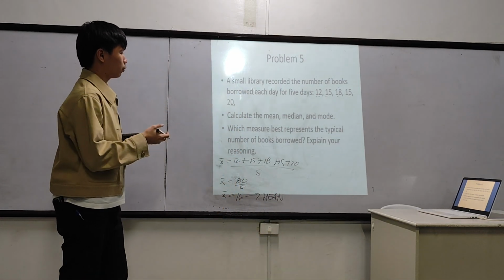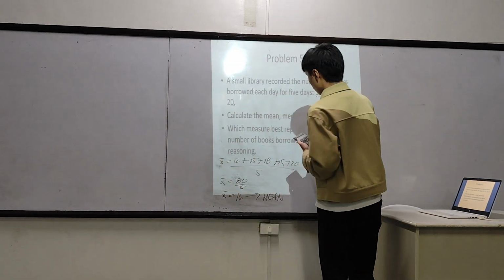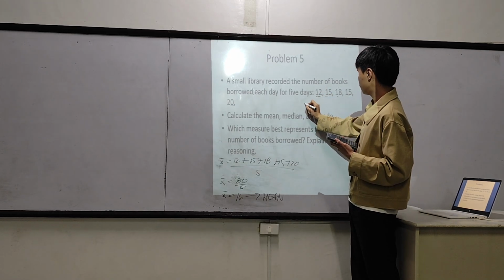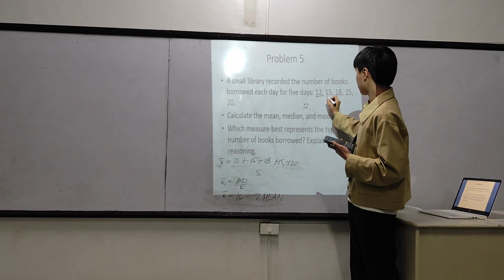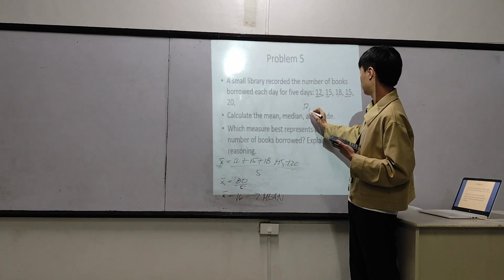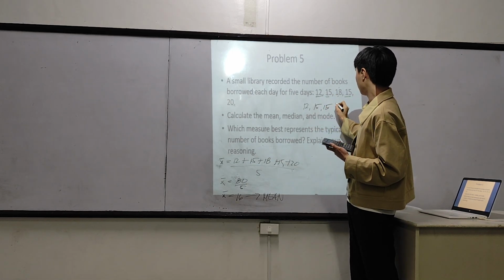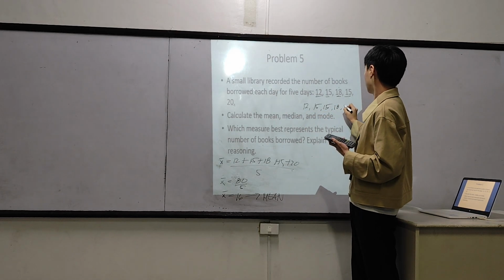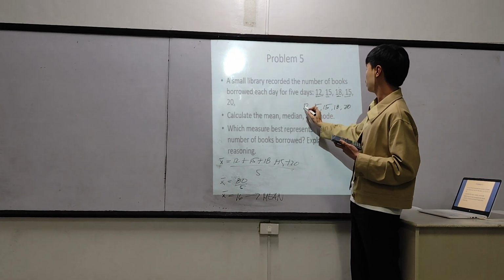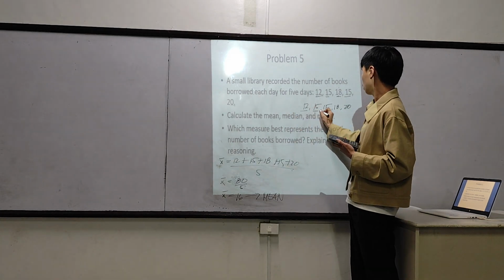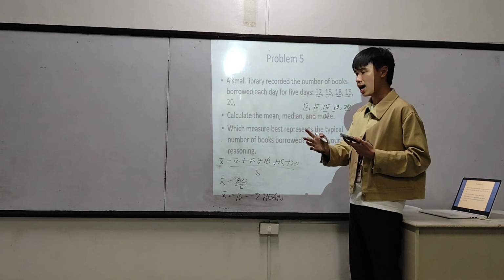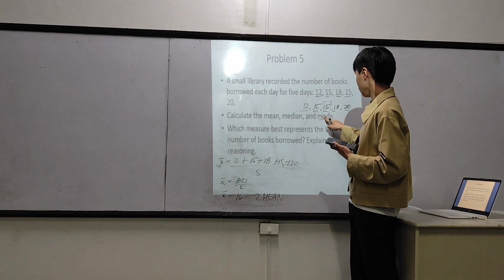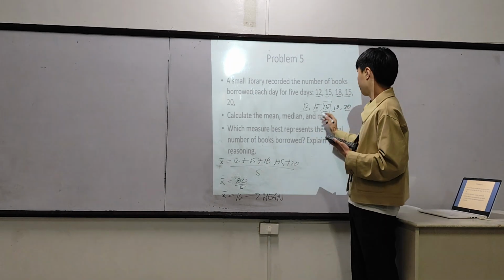To find the median, you need to arrange it in order. First is the least number, which is 12, followed by 15, 15, followed by 18, and followed by 20. All we need to do is count how many numbers there are, which is 1, 2, 3, 4, and 5, which is odd, so the centermost number will become our median.